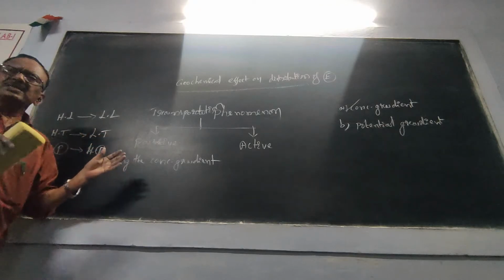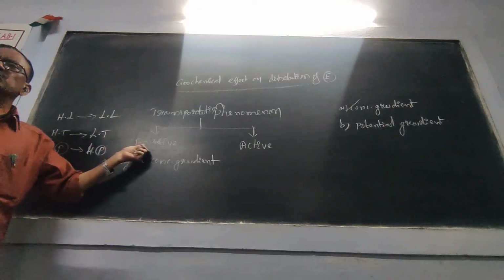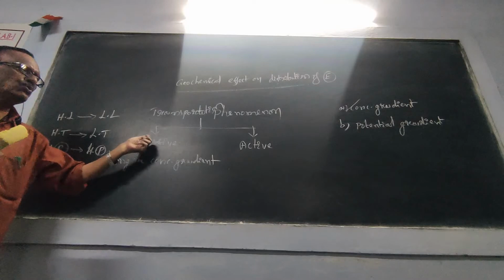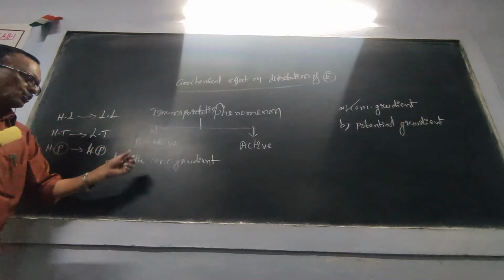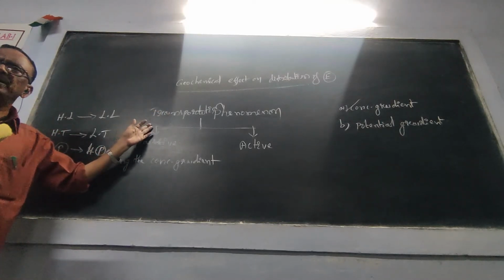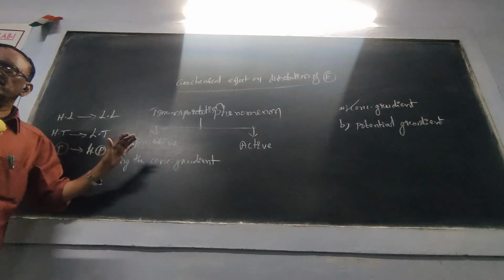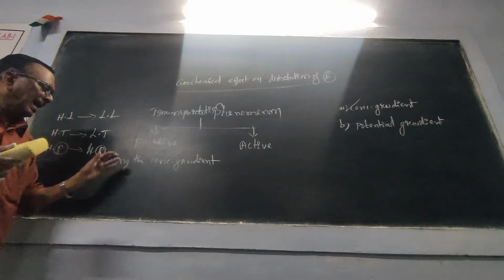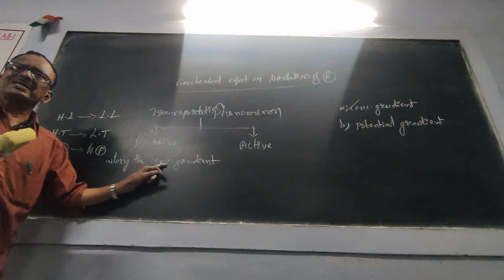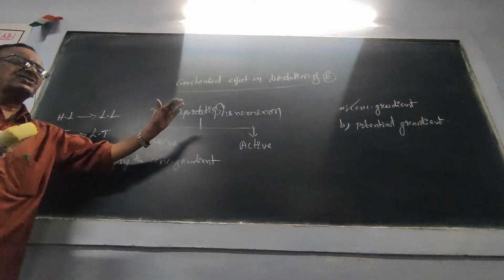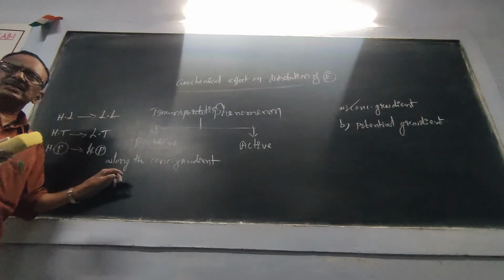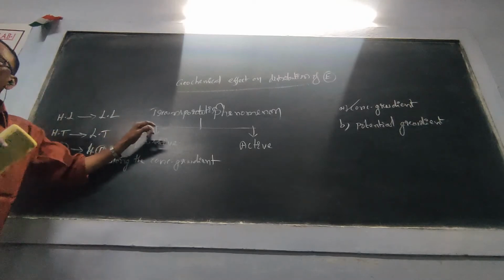That's why the transportation is called passive transportation. So, passive transportation means the movement of ions or charges along the concentration gradient or the potential gradient. This requires no energy for transportation.